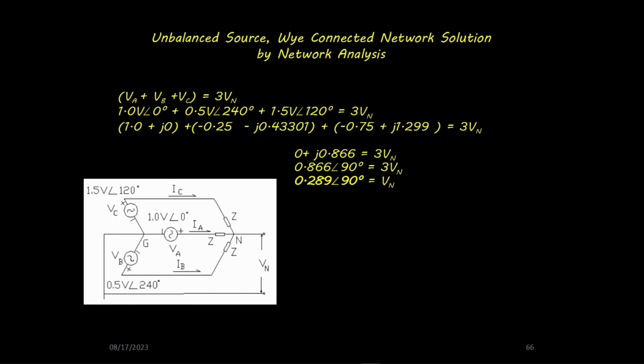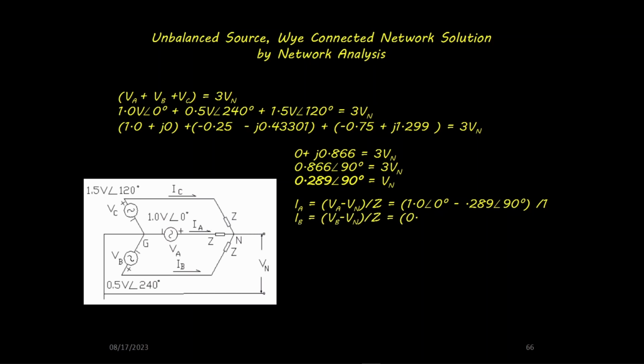Calculating the branch currents, IA equals (VA minus VN) divided by Z equals (1.0 at 0 degrees minus 0.289 at 90 degrees) divided by 1 ohm.